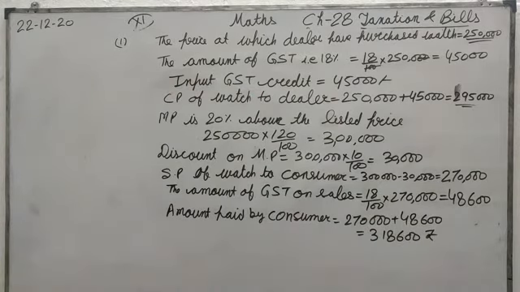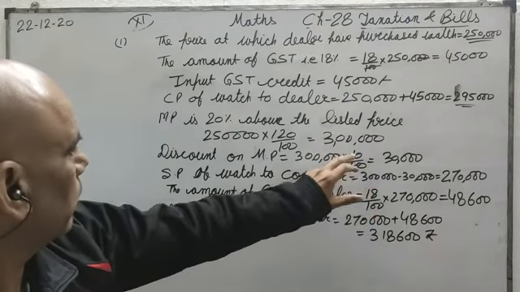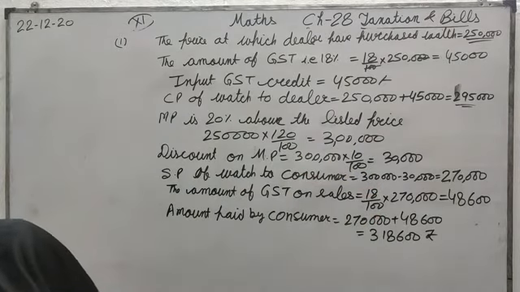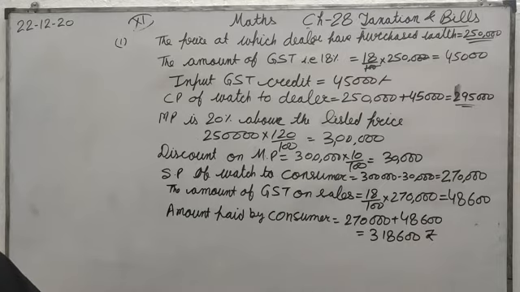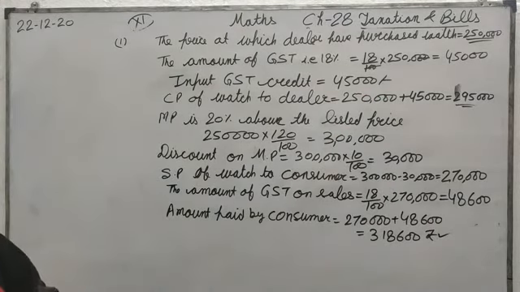He is asking various questions. So on the basis of that, let us see. Marked price of the watch. The marked price of the watch will be 3 lakh. Consumer cost price of the watch, the amount paid by the consumer to the retailer. So the amount paid by the consumer will be this 3,18,600.